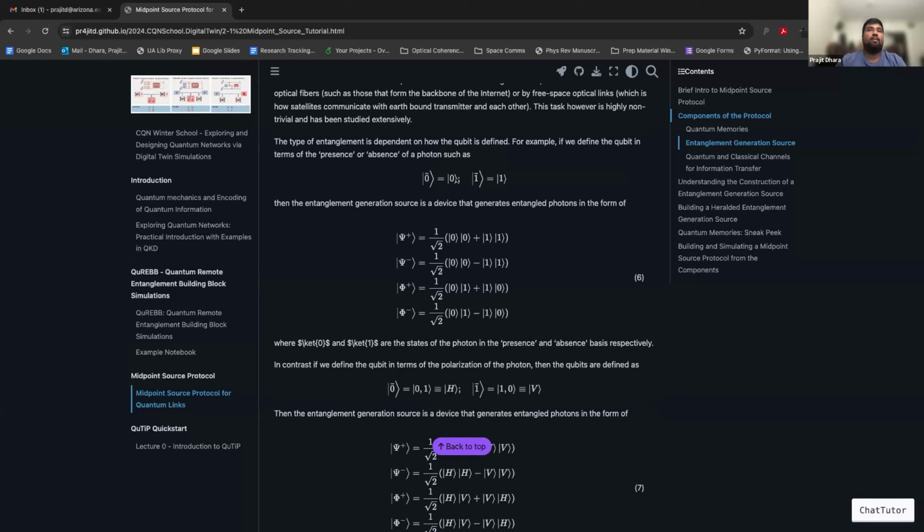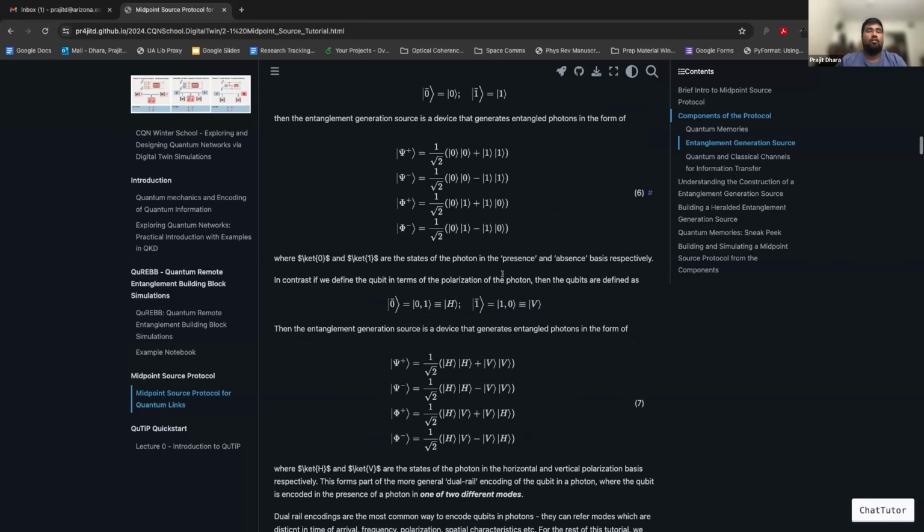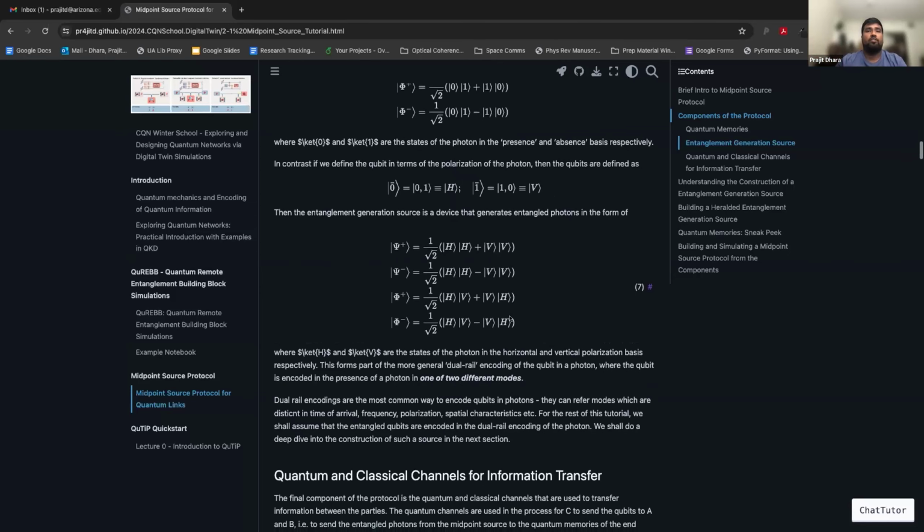Whereas in this case, if I have to do a single qubit manipulation, I have to add or subtract energy. I have to literally be able to generate or take away the superposition of 1 photon component over here, which is not going to be achievable simply through linear optics. So the dual rail encoding is one of the more favorable ways to encode qubits.